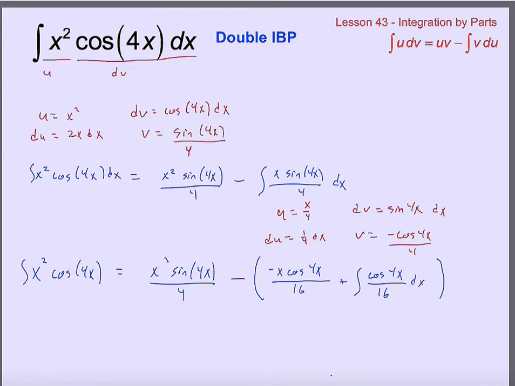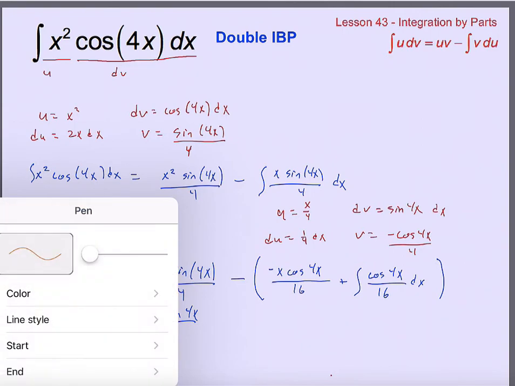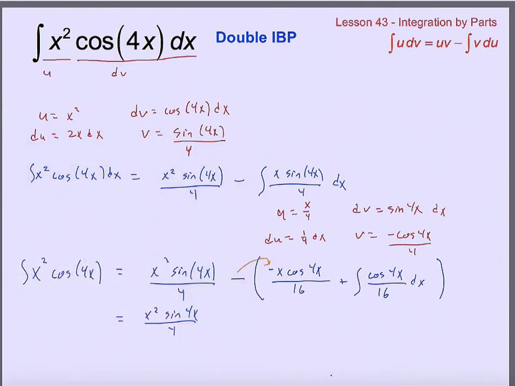And now I've gotten to an integral that is easy to simplify. So I'm stuck here with this x squared times the sine of 4x over 4. That's not going anywhere. Minus negative, and remember to distribute this negative. It's really easy to overlook that, but this negative needs to be distributed.